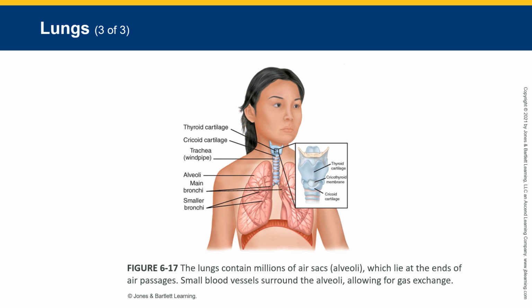Alveoli, your main bronchi. So your main bronchi: here's the trachea, then it splits into the right and left lung, and then in each lung, it branches out. It gets smaller and smaller and smaller until it's microscopic. Then it gets to the alveoli. That is where your gas exchange happens.